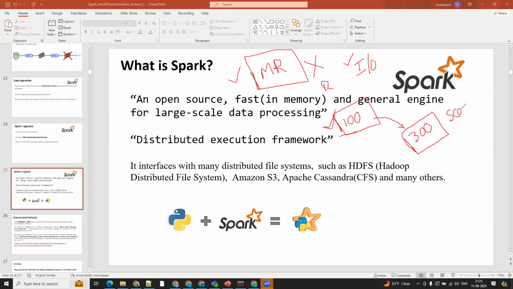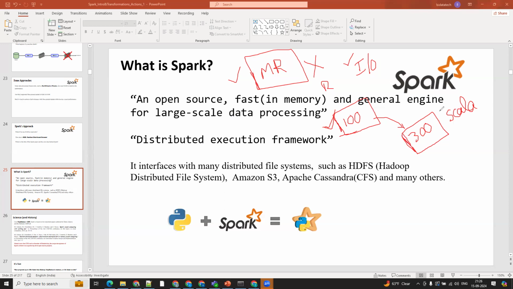Scala language. This is also like a Java language, I mean, I cannot say it's a Java language. Scala is derived from Java language, but it is easier than Java.